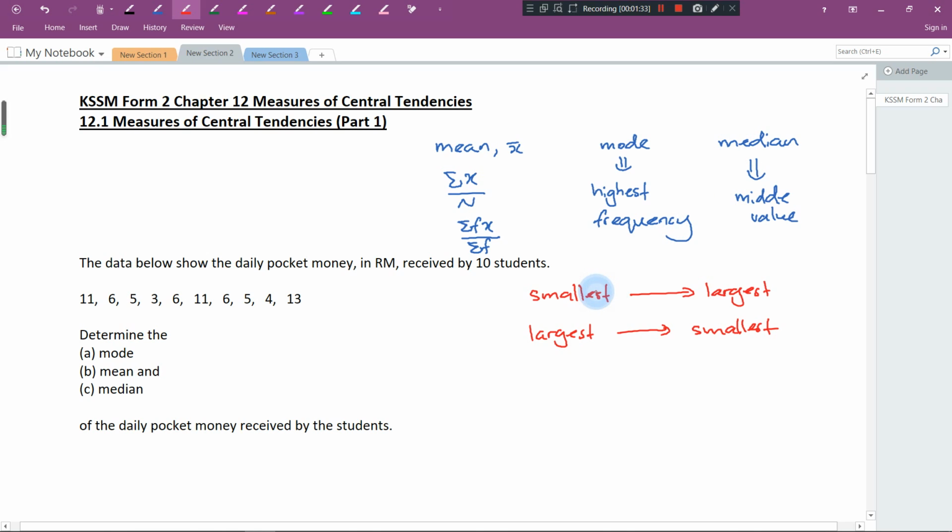Personally, I always arrange the data in ascending order. It's all up to you. If you want to arrange the data in descending order, no problem. You will get exactly the same answer.